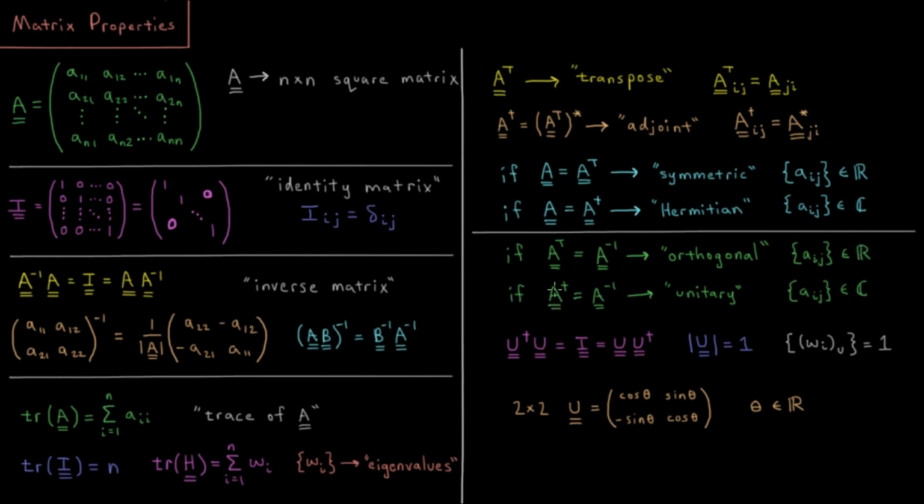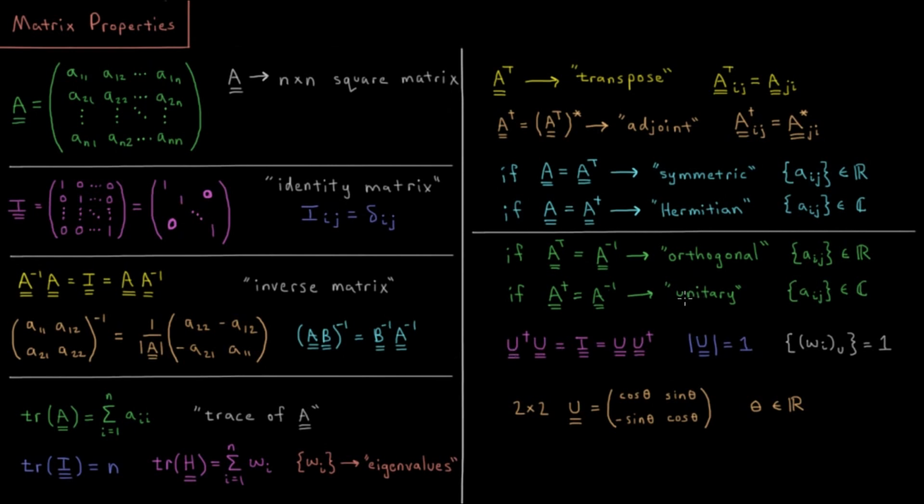And if your matrix's adjoint is equal to its inverse, then you have what is called a unitary matrix, and there your elements could be complex. It doesn't make a lot of sense at the moment why unitary matrices are important, or why we would even take note of this, but this will come up down the line in a couple of videos, because unitary matrices and Hermitian matrices are extremely important in computational chemistry.